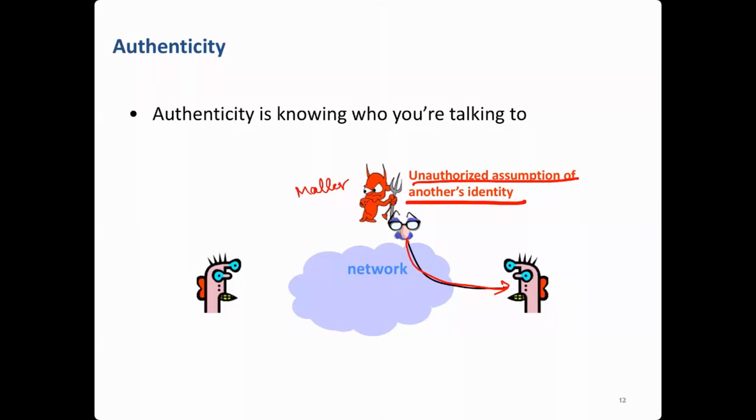I can always create, if I know your IP address, a packet that contains your IP address as the source IP address. All right, so there's no authenticity, and I can send it to whomever I want. The person will take your packet and think that it has come from you.